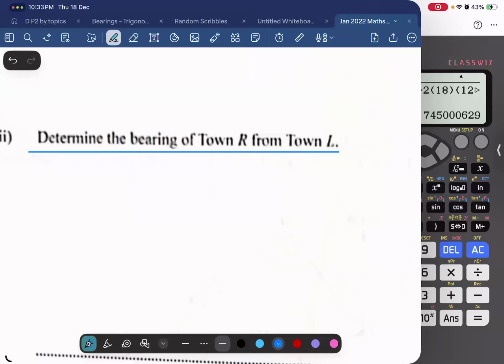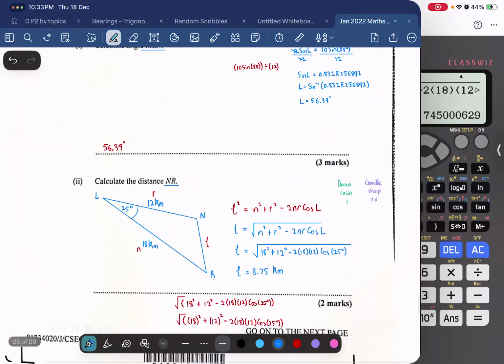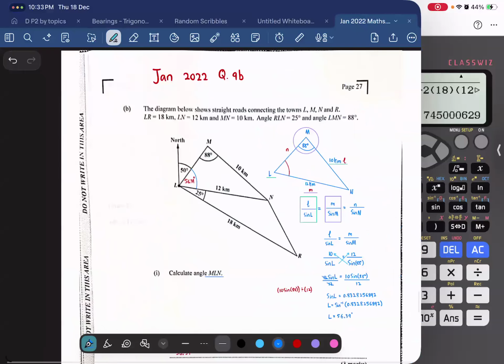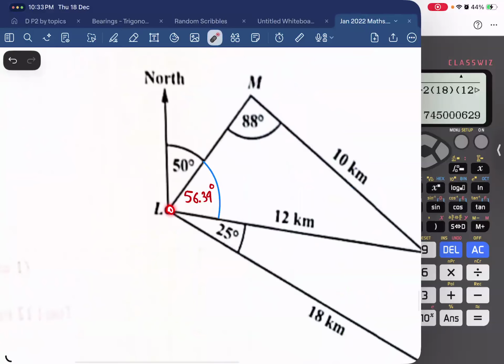L. We're going to put our pencils by L. I already have a north line, so that makes things really simple for us.